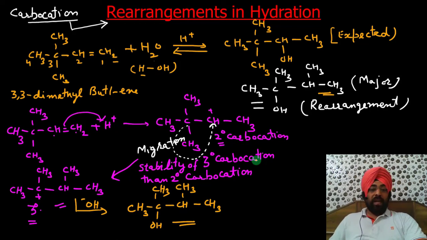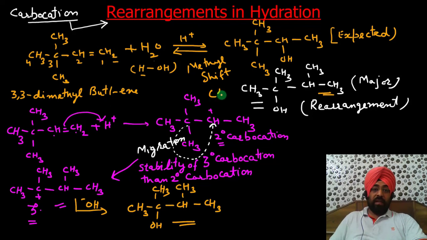Please keep in mind, whenever a carbocation is involved in the reaction, there is always a possibility of rearrangement. Rearrangements can take place either by methyl shift, or we can say alkyl shift, or there can also be hydride shift. So you have to be very careful when you predict a product which involves a carbocation.